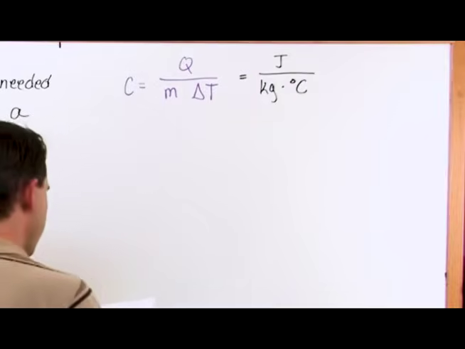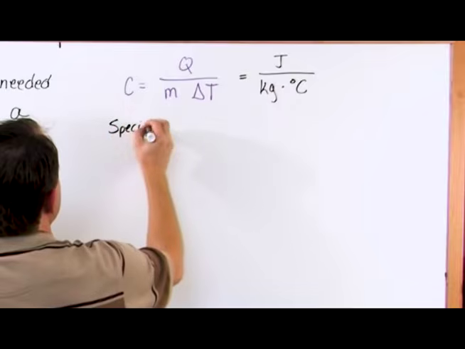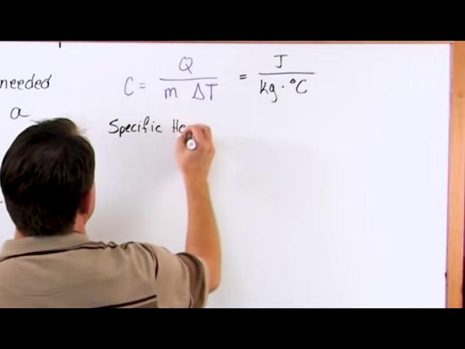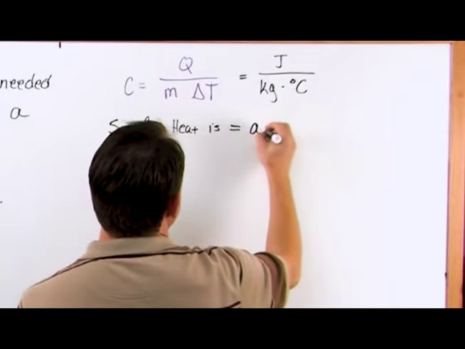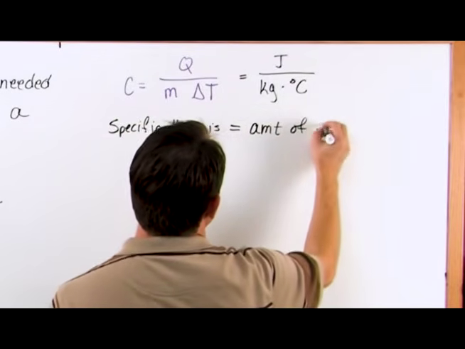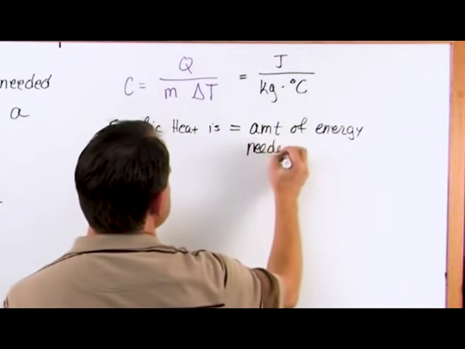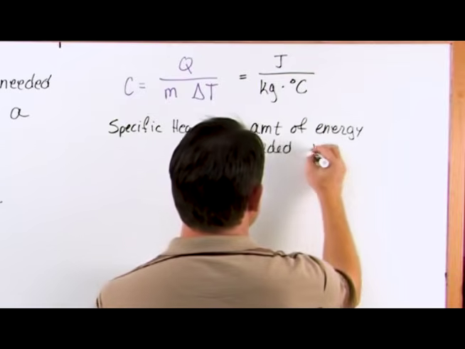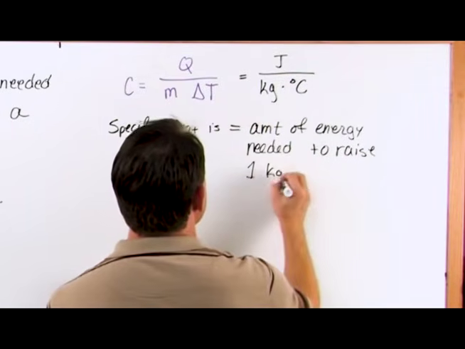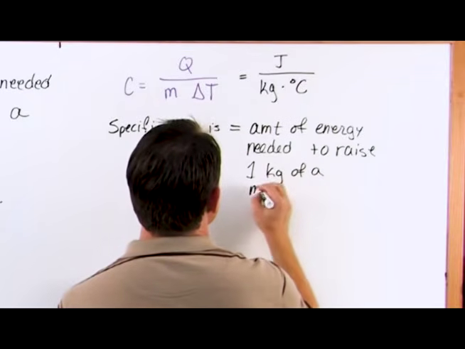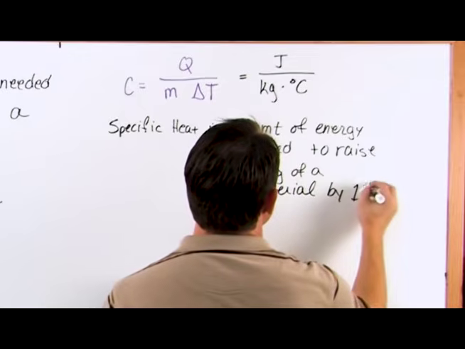So what this is saying, if you were going to write it out in words, is the specific heat is equal to the amount of energy needed to raise 1 kilogram of a material by 1 degree Celsius.